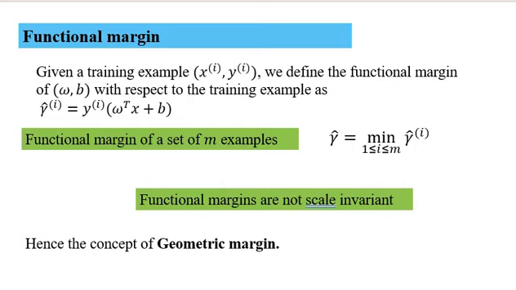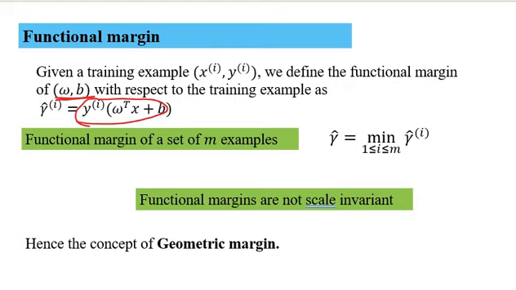So functional margin for a training example XI, the functional margin of the decision surface defined by W and B with respect to XI is defined as follows.